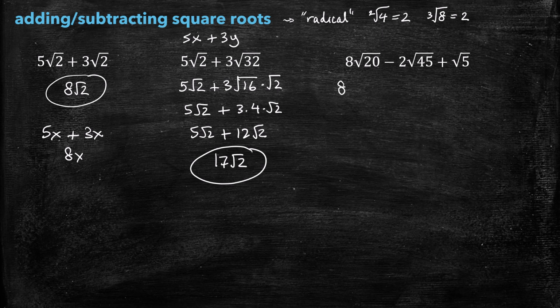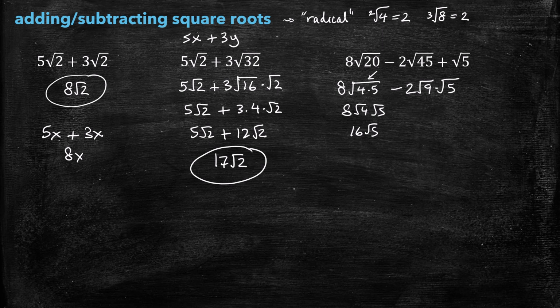So let's see, the square root of 20, that's 4 times 5. So 8 square root of 4 times square root of 5. Square root of 4 is 2. 2 times 8 is 16. Minus, now notice that sometimes, instead of writing the first radical like I did here, I just go straight to the split version.